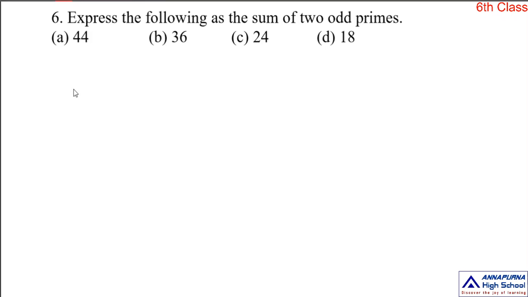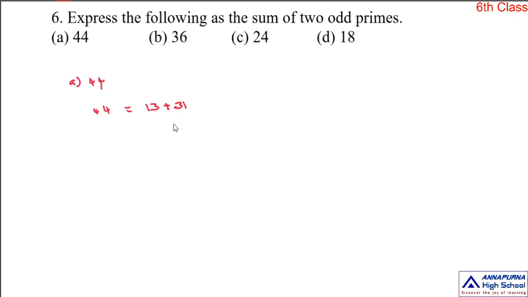First, we have 44. 44 can be expressed as the sum of two odd primes. For example, 13. Is 13 a prime number or not? Yes, it is an odd prime number. Next, 13 plus 31.